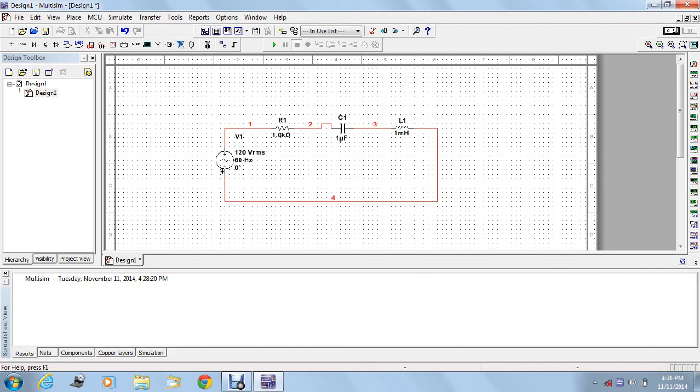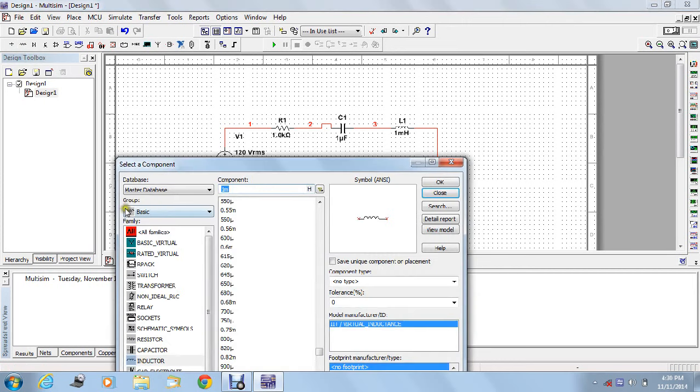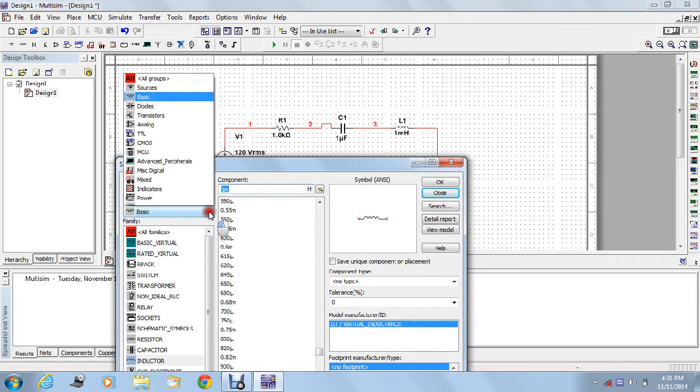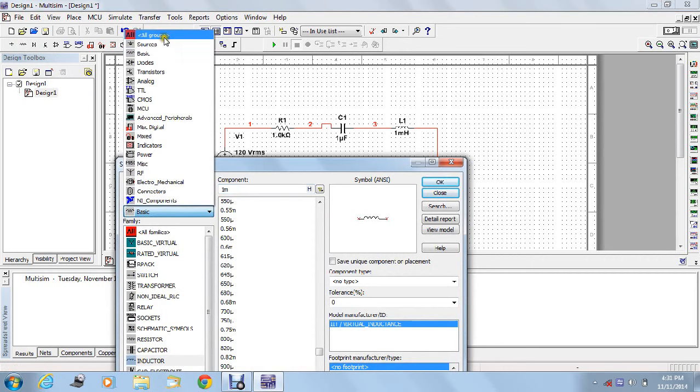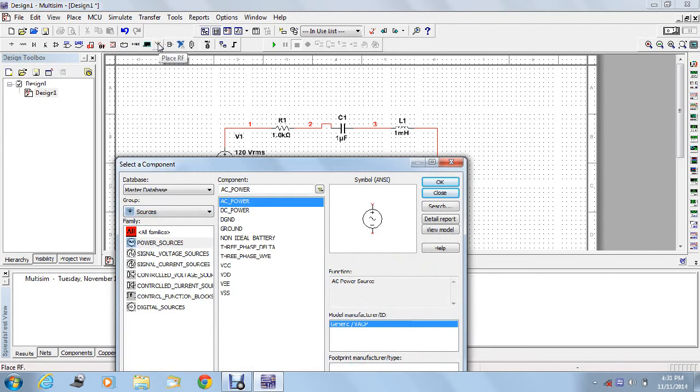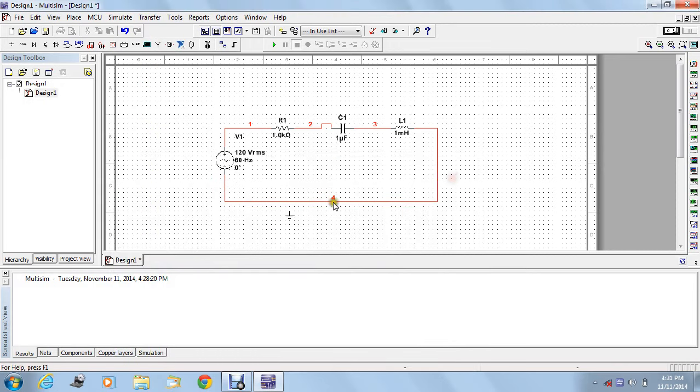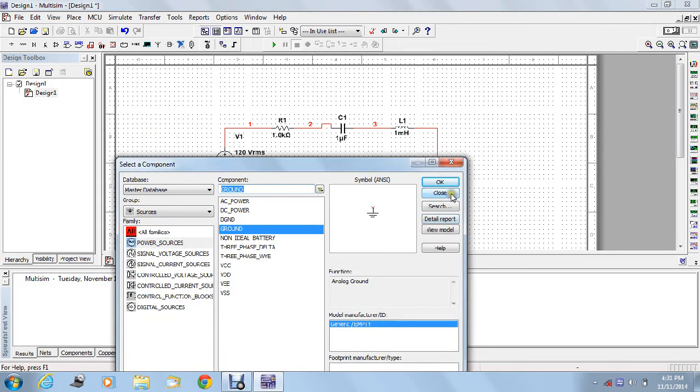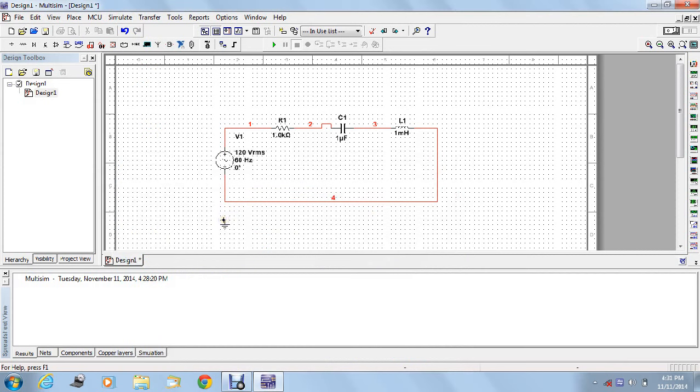So your circuit is completed, only ground is remaining. So basics. Here source, ground, OK, and place your ground here. Close this window. Just connect these two points. Now your circuit is connected.